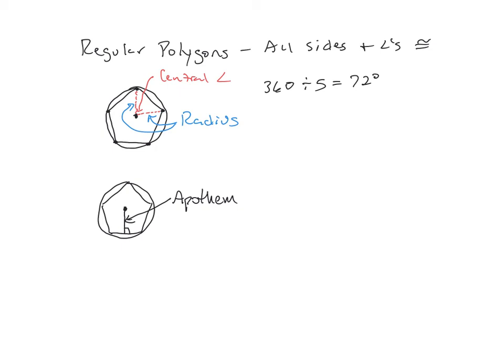It's already labeled for you. You just have to read the picture. Then you'll have 4 problems that ask you to find the measure of the central angle given a number of sides. So that's like this piece right here. 360 divided by the number of sides will give you the central angle.